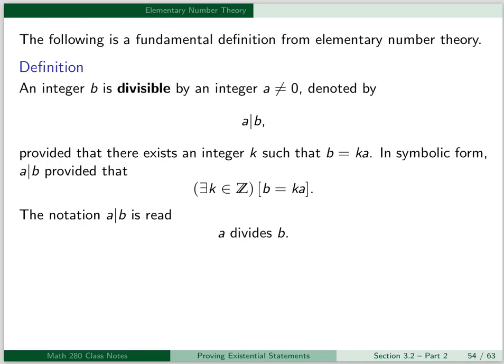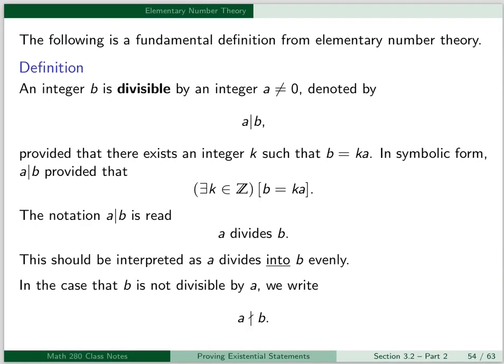Now this notation, a with the vertical line b, is read a divides b. Now this should be interpreted as a divides into b evenly. In the case that b is not divisible by a, we use the notation shown. We put a little slash through the vertical line.